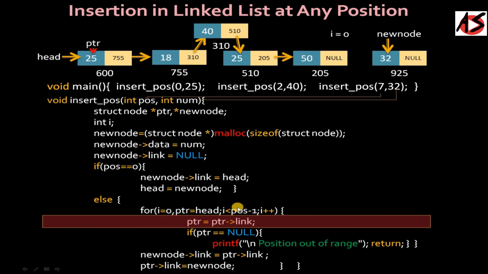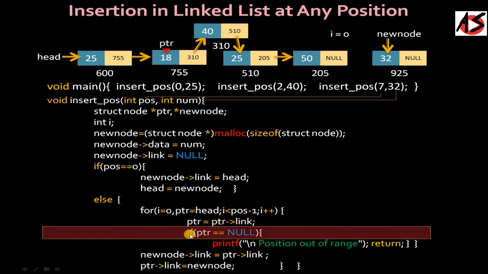Position value is 7, so 7 minus 1 is 6. I is 0, so 0 is less than 6. This condition is true, so pointer equal to pointer link part. That means our pointer will be shifted to the link part of the pointer node. So we will shift to the 755 address.